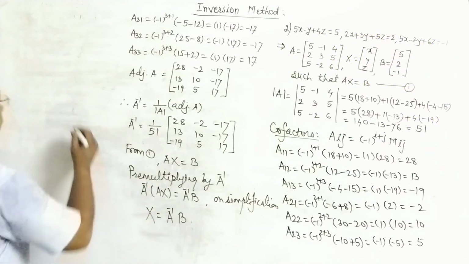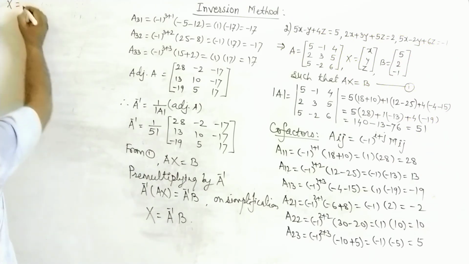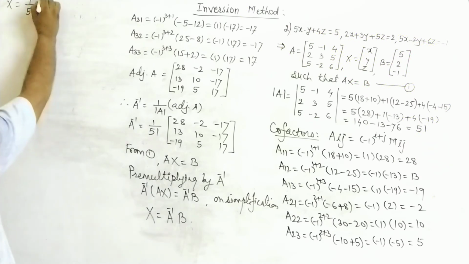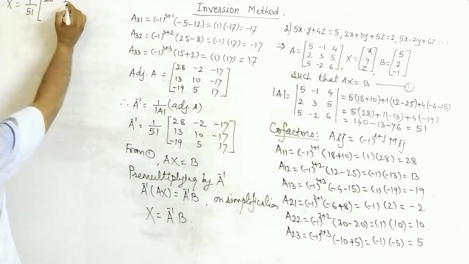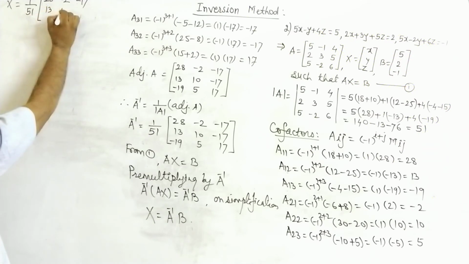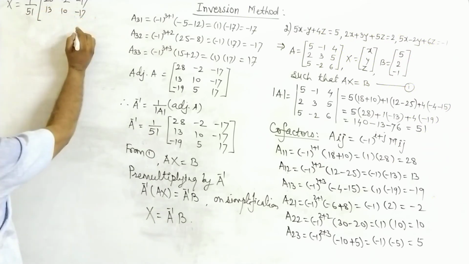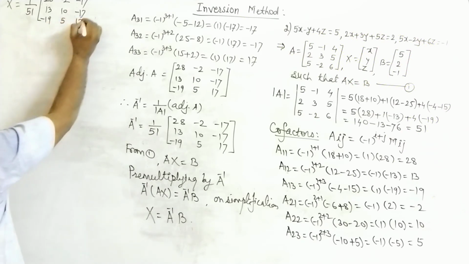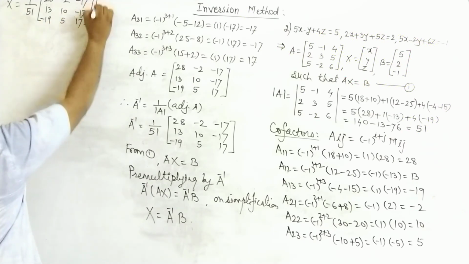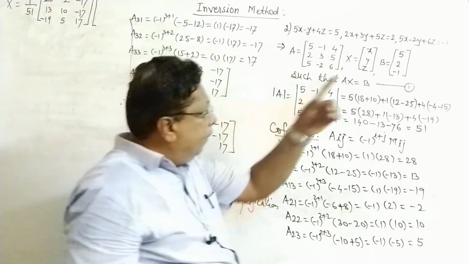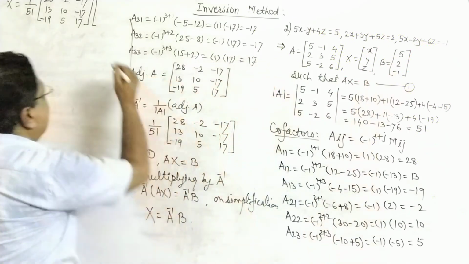So x is equal to A inverse. What is A inverse? 1 upon 51 into the matrix 28, minus 2, minus 17; 13, 10, minus 17; minus 19, 5, 17, into matrix B. What is the matrix B? 5, 2, minus 1.